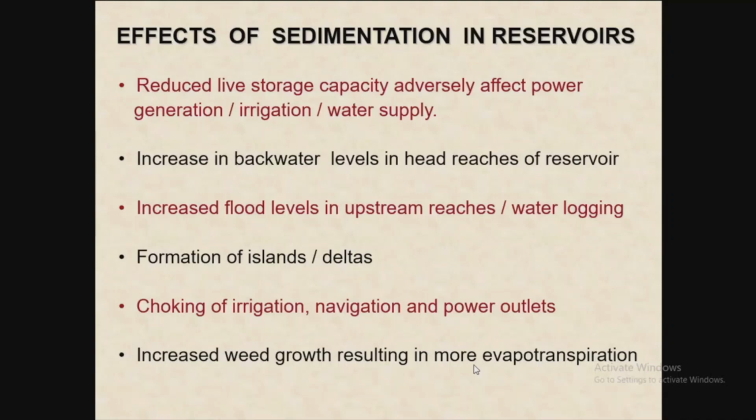You can see that the backwater will be increased. Another thing is increased flood levels of the reservoir in upstream reaches create waterlogging also sometimes. There are formations of islands and formations of deltas. They choke irrigation, navigation, and power outlets. There is also an increase in weed growth resulting in more evaporation, because of the swamps or marshy lands a lot of grass develops. In the reservoir itself, because of this sedimentation and silt, rich soil mass is available.